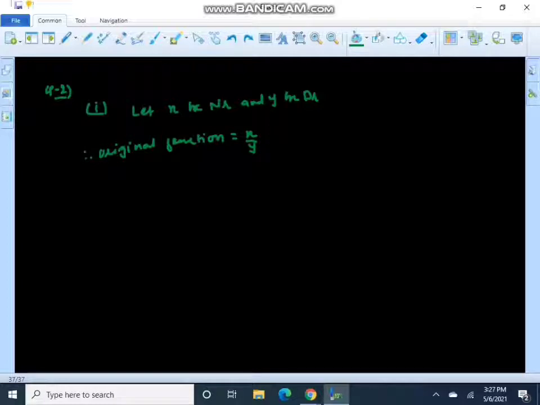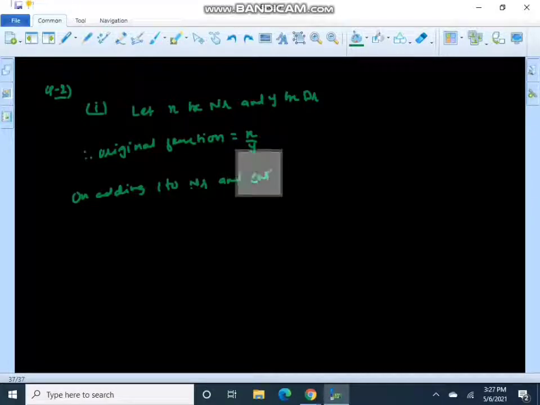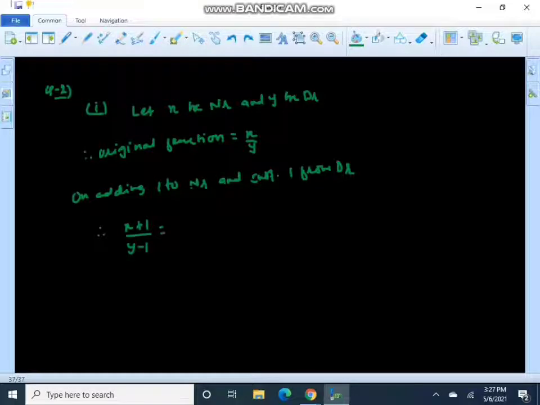Okay, now number 1, if we add 1 to numerator and subtract 1 from denominator, on adding 1 and subtracting 1 from denominator, the fraction becomes 1, that is x plus 1 upon y minus 1 is equal to 1. Okay, this is the equation.